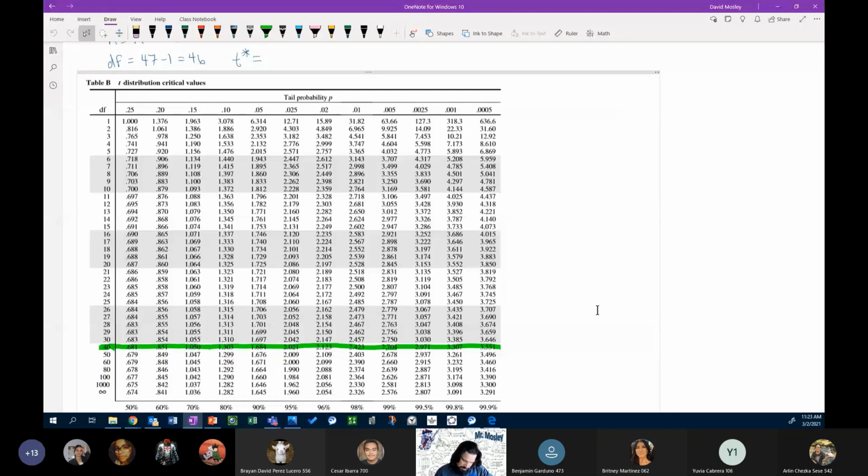So we go across the bottom here and we find 99%. Right, that's going to be right there towards the bottom. And we then go up here. And we get the intersection of those two, the row and the column, of 2.704, which means t star is the value 2.704.